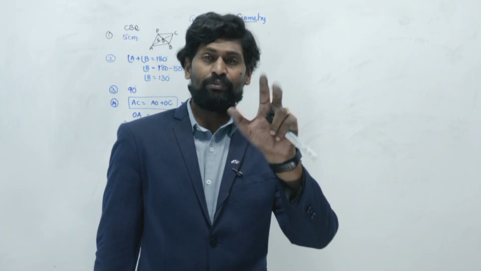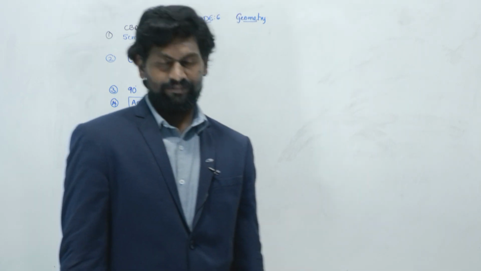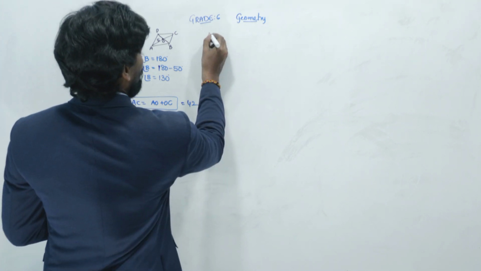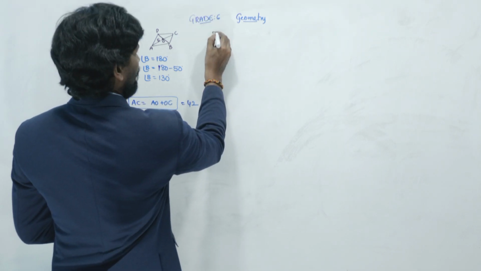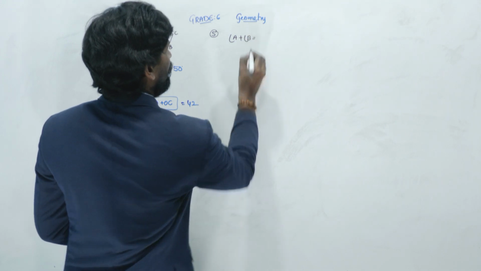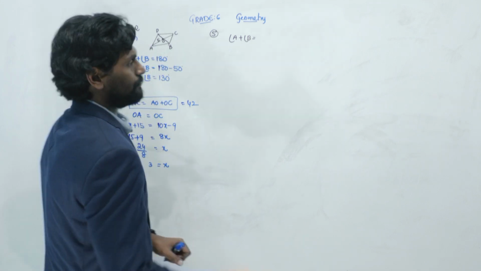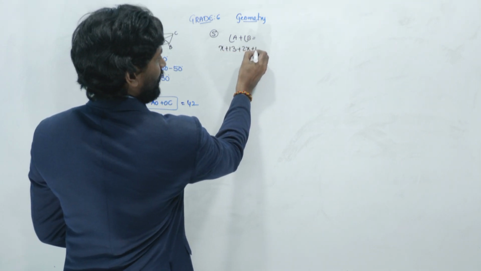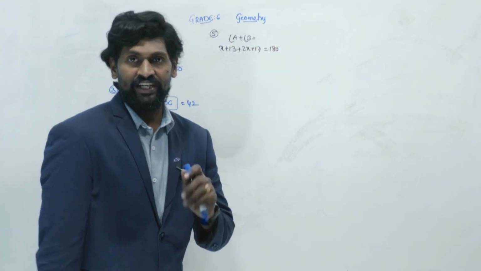Now coming to question number 5. In a parallelogram, angle A and angle B are given, find angle C. Angle A and angle B are adjacent angles, so the sum of adjacent angles is 180 degrees. Angle A is x plus 13 and angle B is x plus 17. So x plus 13 plus x plus 17 equals 180, because the sum of adjacent angles is 180 degrees.